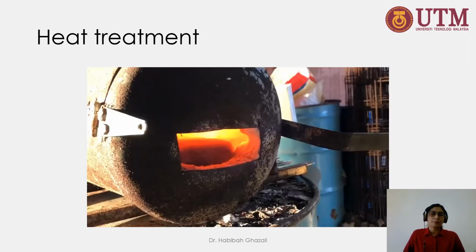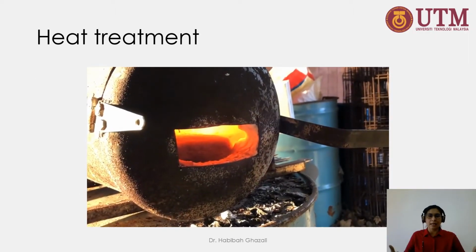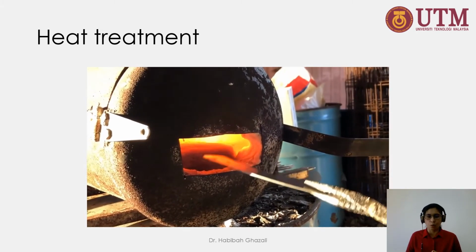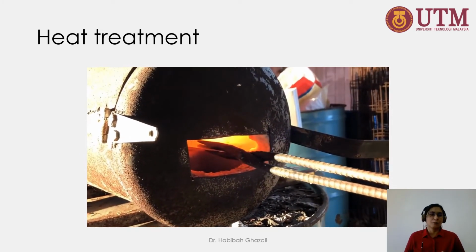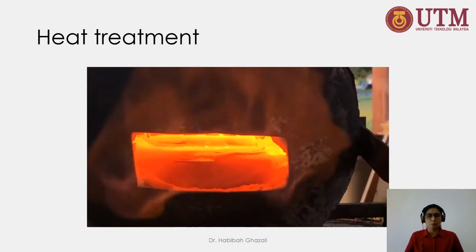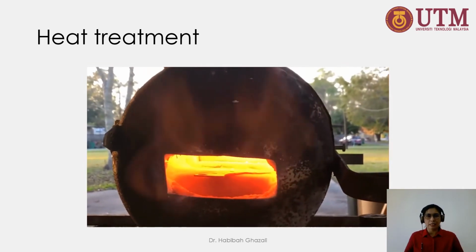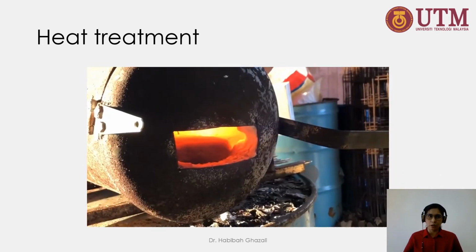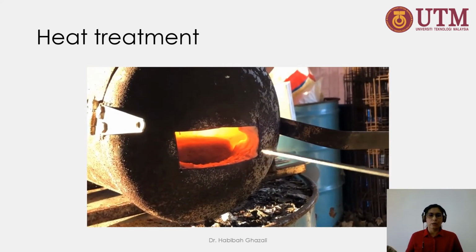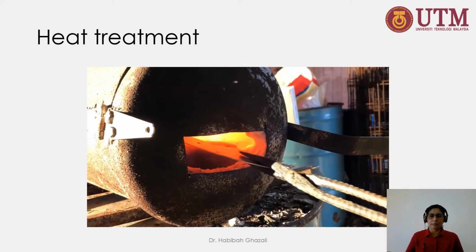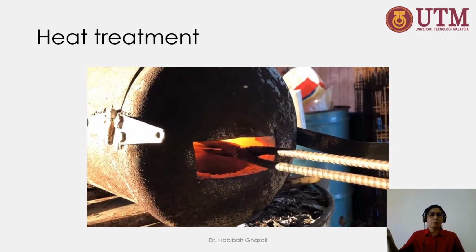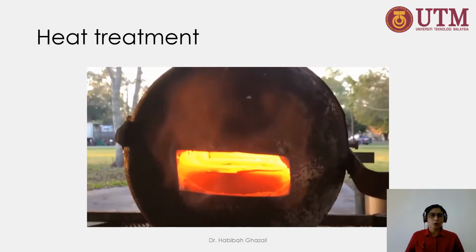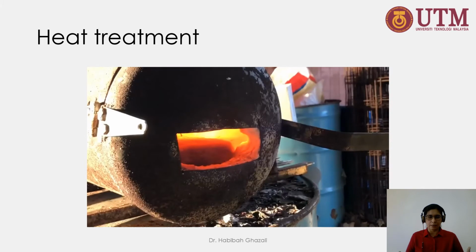I'm pretty sure all of us have seen this kind of process being performed on metal before. For example, sometimes we watch a movie and see a blacksmith trying to forge a sword or a knife. What he will do is put the metal inside the fire first before he starts hammering it to shape that material.